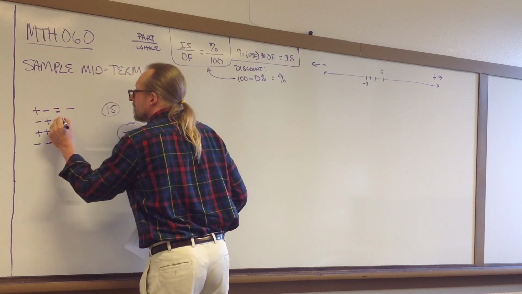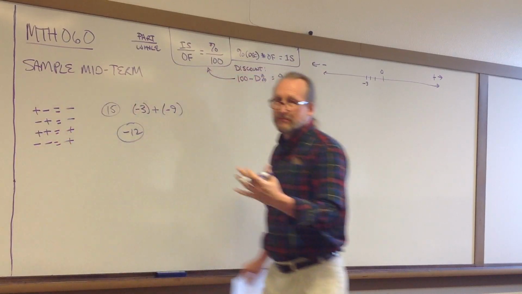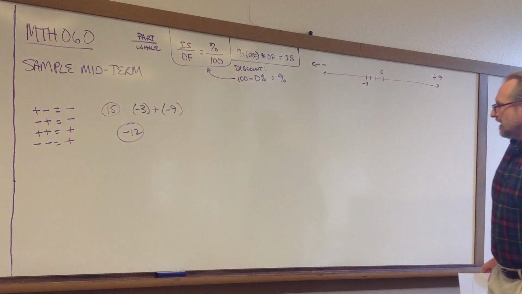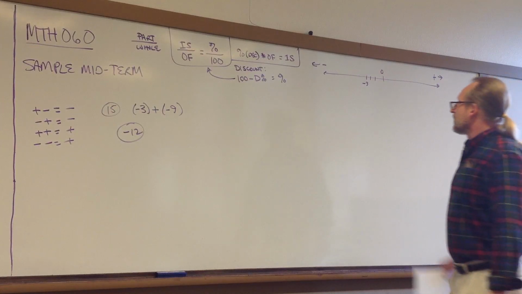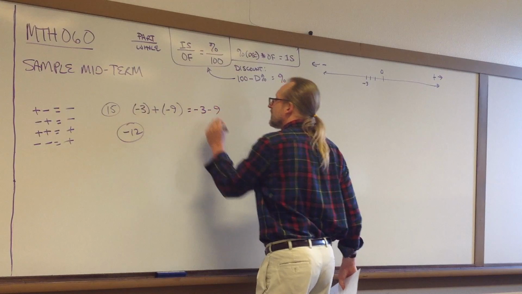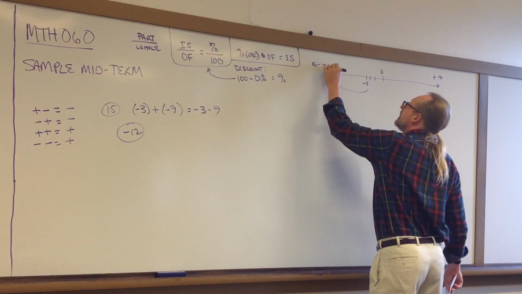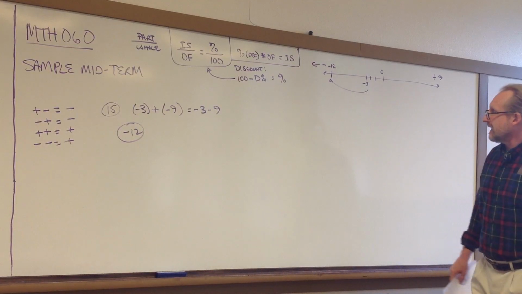So, different signs make negative, same signs make positive. Okay? Let's see here. Right, so we're starting at -3. This turns into just -9. So that takes you this way 9 places, puts you out at -12.